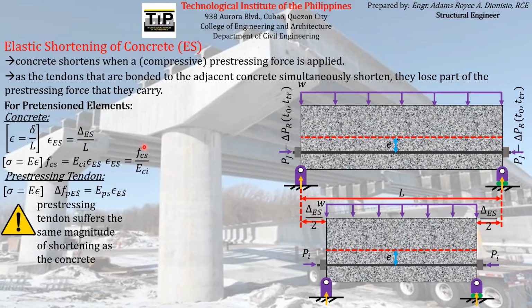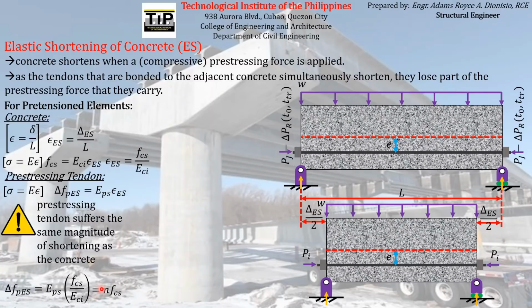Therefore, we can substitute this expression in place of this. So if we will try to substitute that, we will have this equation here. Or if we will just try to express this ratio of the corresponding modulus of elasticity of the pre-stressing reinforcement and the concrete itself, let us just designate that ratio as the variable n, which is what we call the modular ratio.